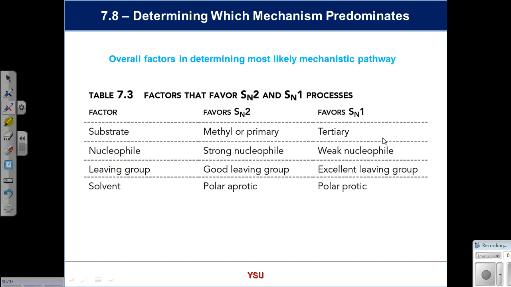SN1 and SN2. Overall, to summarize all that, because Chapter 7 is the beginning of the big idea of mechanism for chemistry and biochemistry, if your substrate happens to be methyl or primary, you're doing an SN2 reaction because it cannot do an SN1 reaction. The carbocation would be awful. You need strong nucleophiles. You're going to recognize as you practice, because you're going to practice a lot, a good nucleophile is not going to wait around for a carbocation to get formed.